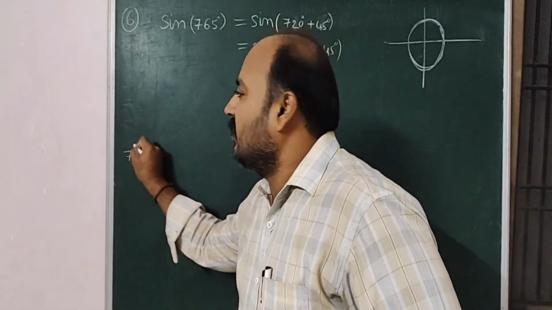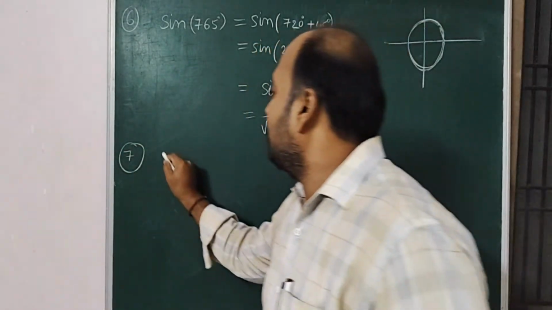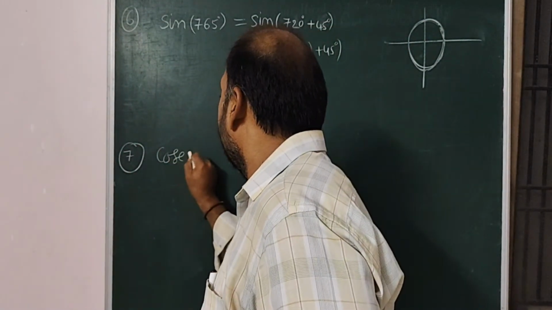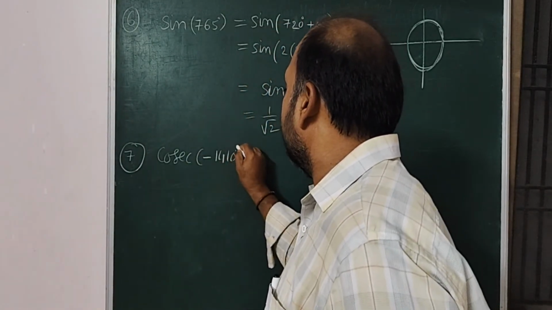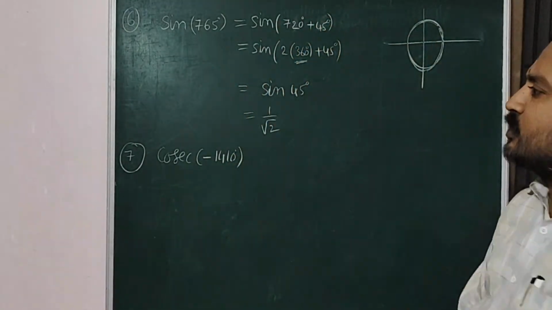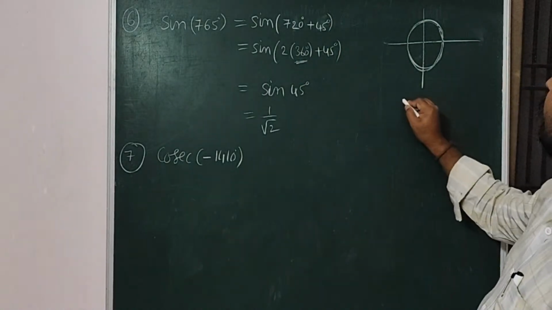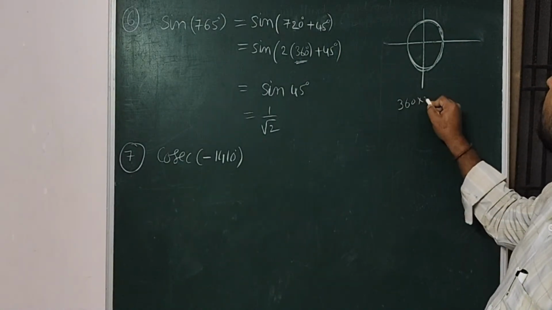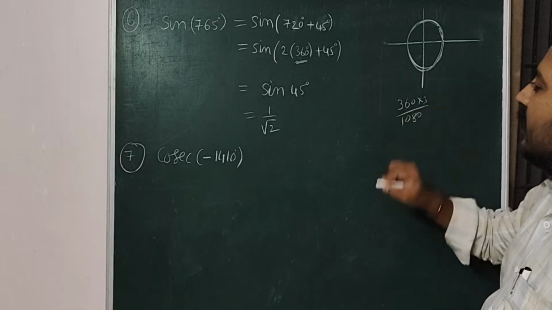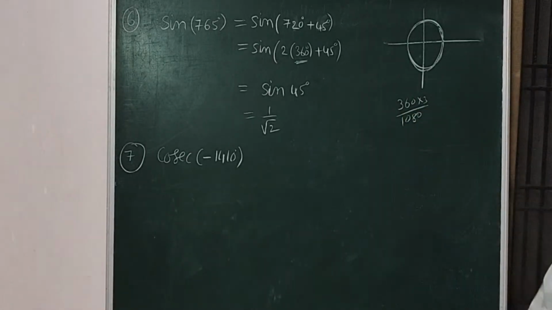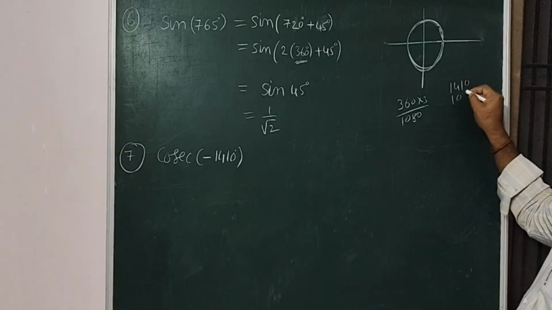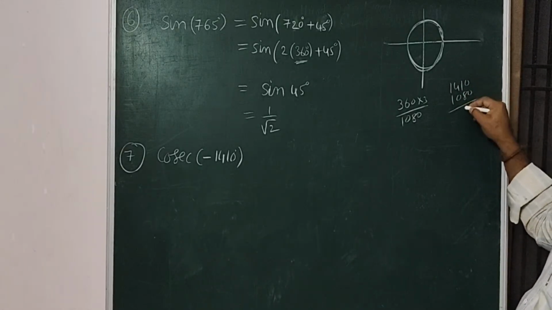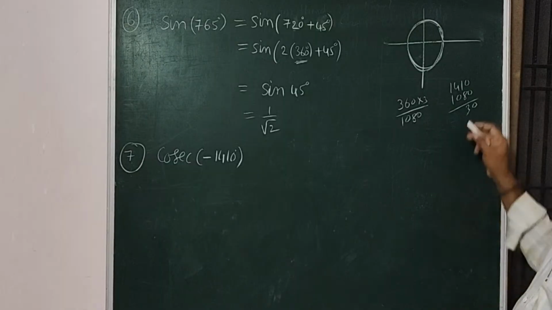Question number 7. Cosecant of minus 1410 degrees. See, here also you have to use 360. 3 times is 1080. So 1410 minus 1080 is 330.